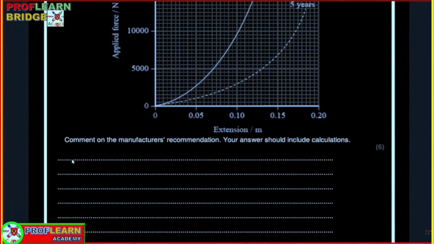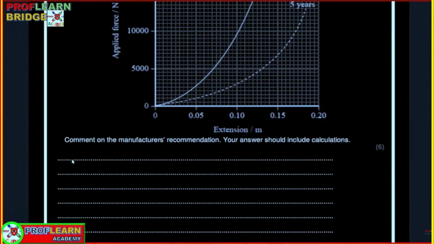So we know that the area under the graph, force against extension, gives the energy, or the amount of elastic potential energy stored in that material. So in order to show this, we're going to work out the area under the graph for the rope when new and also for the rope after 5 years.